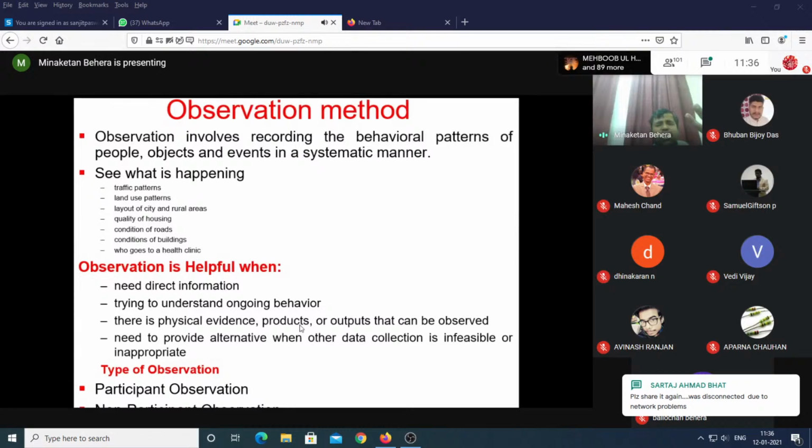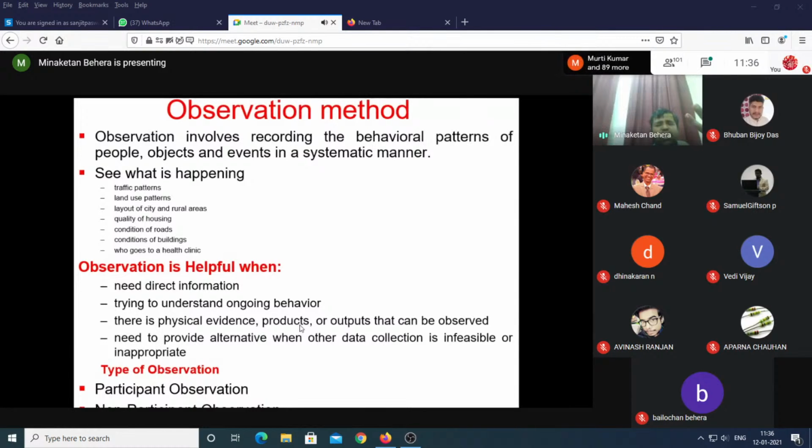Suppose you want to know what is happening, whether people are obeying traffic rules or not, traffic pattern, land use pattern, quality of housing, conditions of road, conditions of buildings, many things. Or how the health functionary is working in a rural or urban area. So as a researcher, you want to understand the situations.